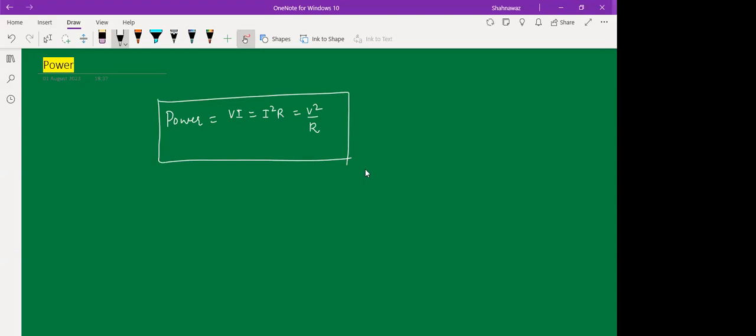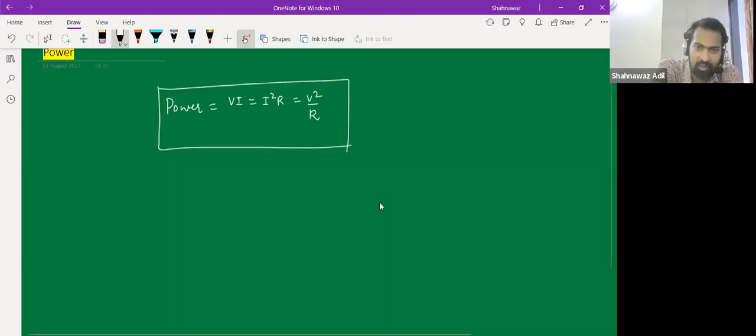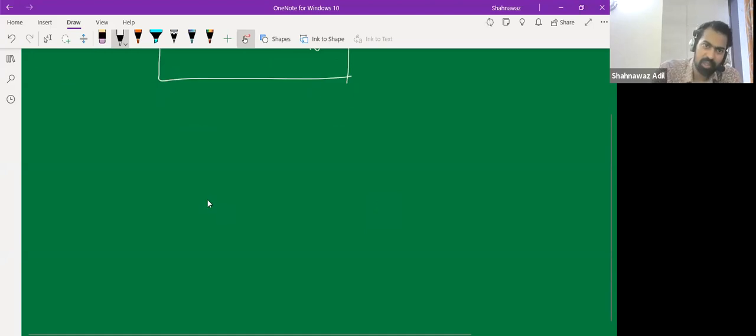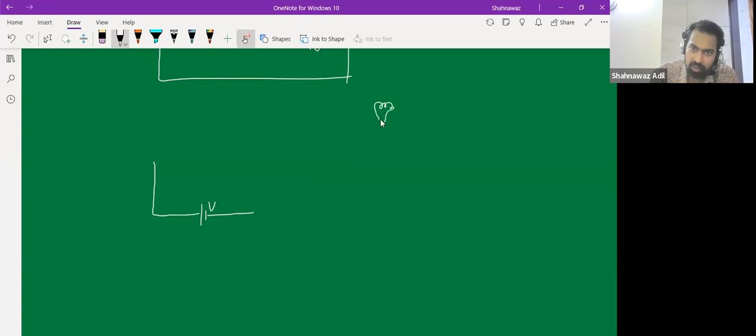Okay, so now we have two different situations. In one situation, let's say some voltage is applied. Let me write it down. The bulb is denoted by this notation.